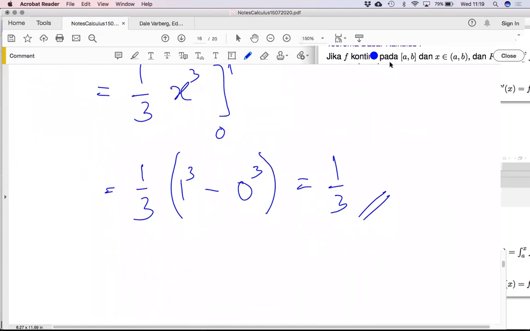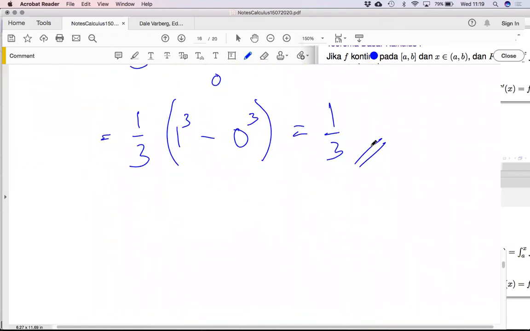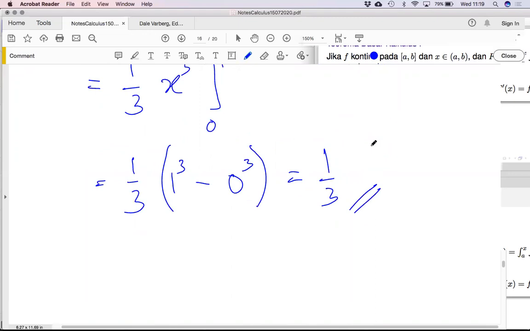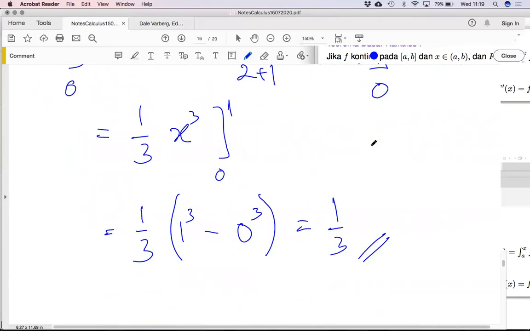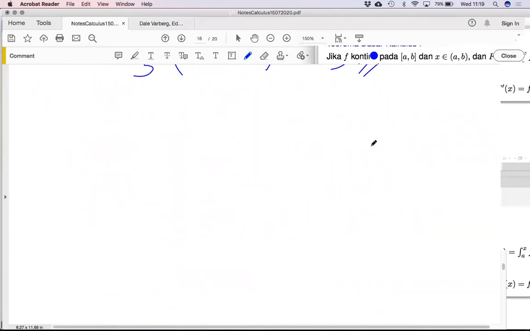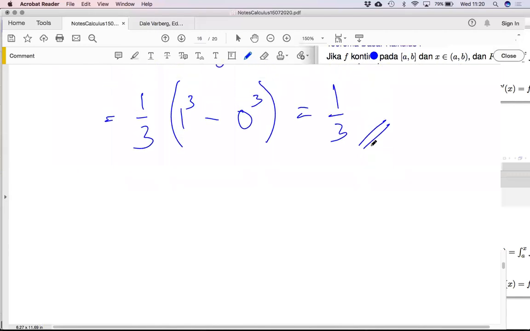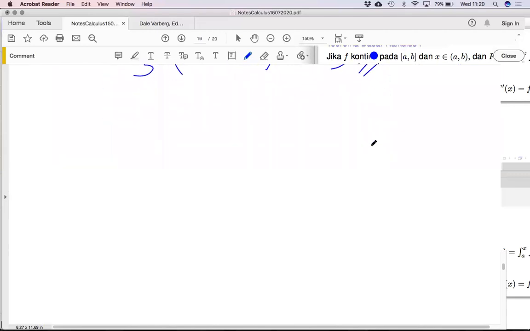Okay, I will give you more exercises for this. You can apply the fundamental theorem and the basic integration rule that we already discussed last week or yesterday.